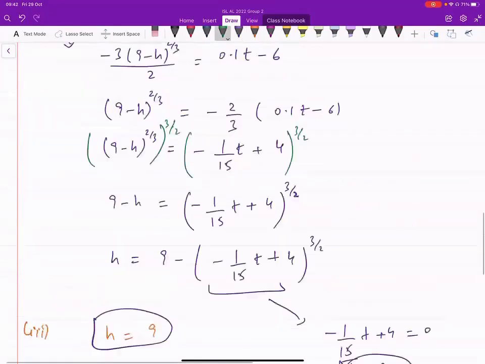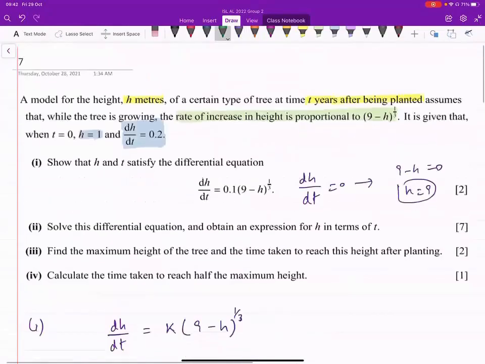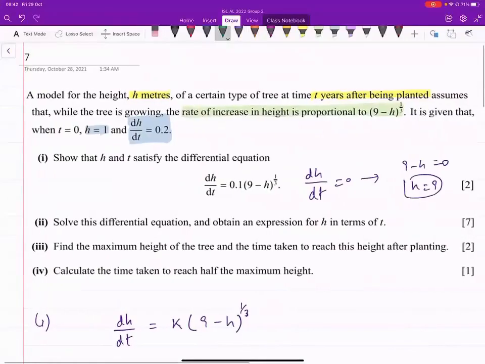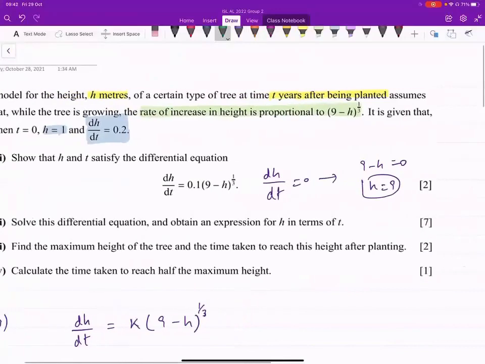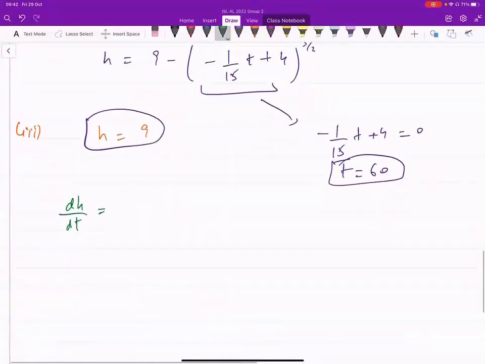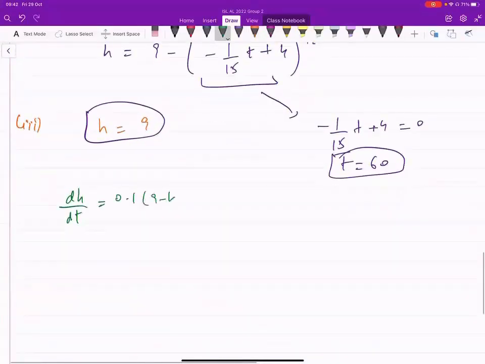Exactly. So dh/dt हमें क्या पता था? dh/dt was 0.1 into 9 minus h whole raised to power 3/2 or 2/3? 2/3.